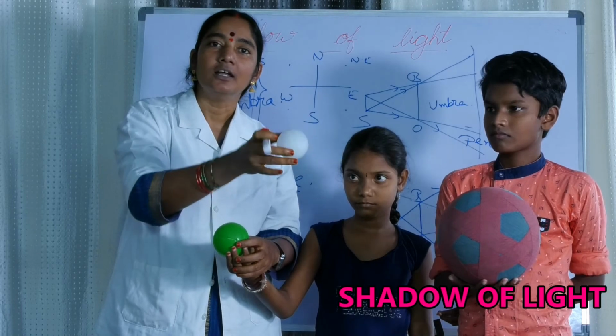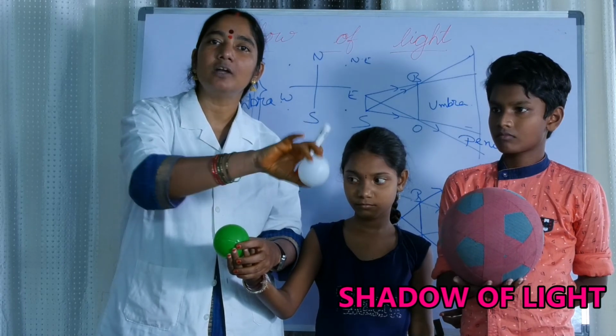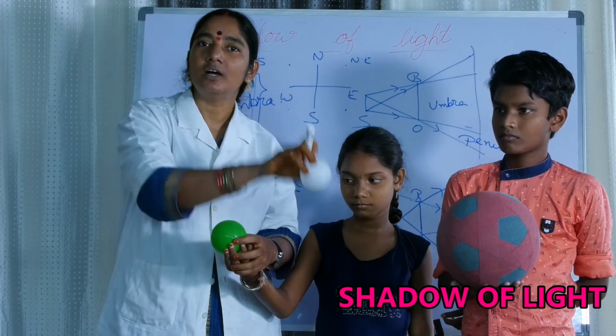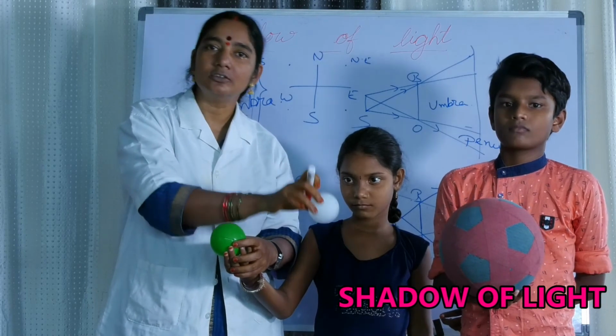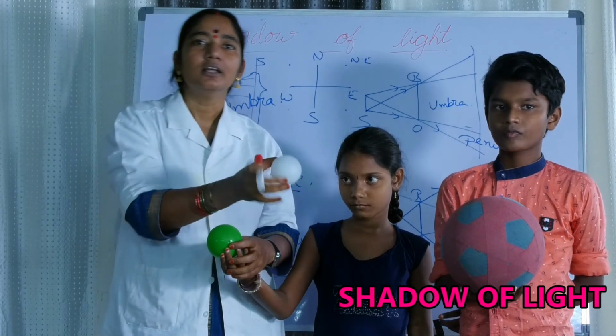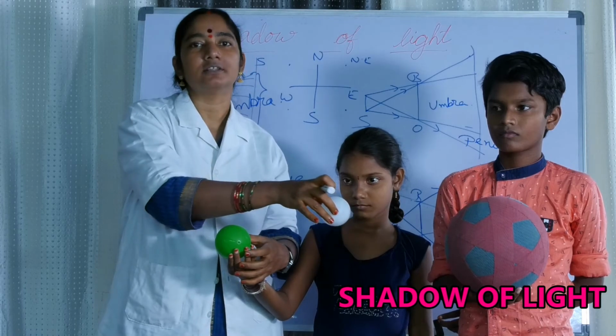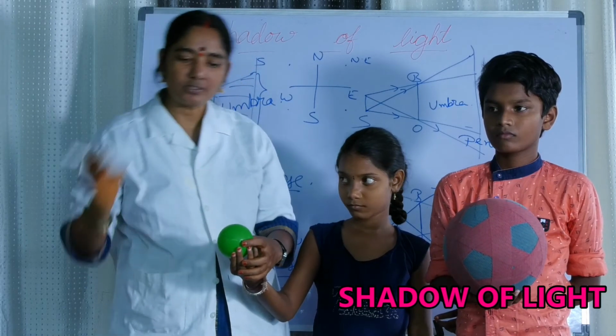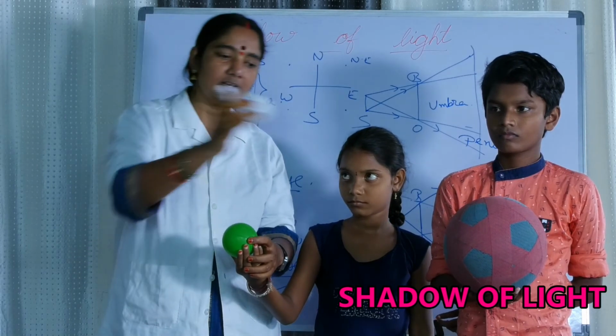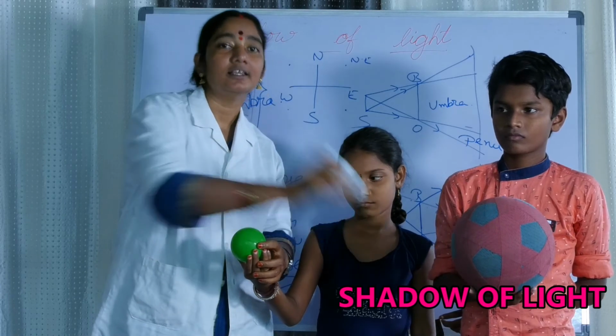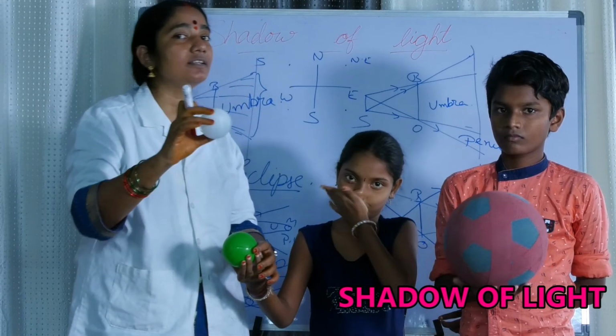Dasami means 10. Ekadasi, Eka means 1 plus 10. Dwadasi, Trayodasi, Chaturdasi, Chatur means 4 plus 10. And again we have Amavasya. It is moving from year to year. Please try to know the names of these.